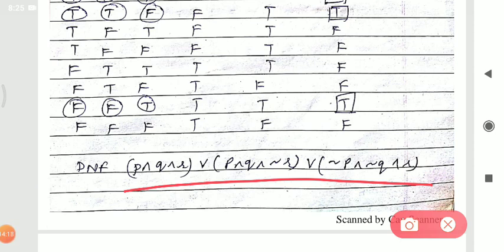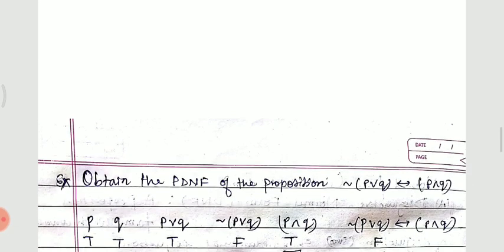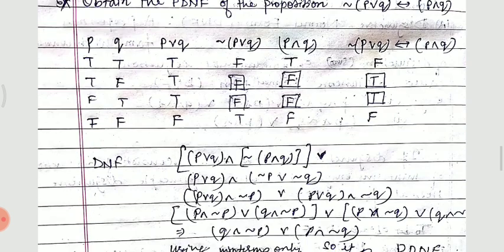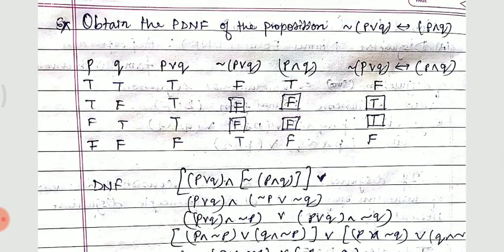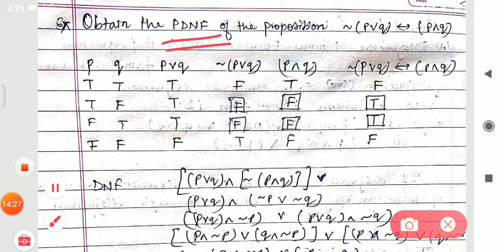Fine, so in this way we can find DNF. One more example for 2 variables, that is again a good example. We are finding PDNF, but we are not following any specific procedure for this. We are making a truth table of this, as we know. Now there are 2 T's, and these are 2 assumptions. Look, false false, false false, both are the same, so we don't have to write twice.